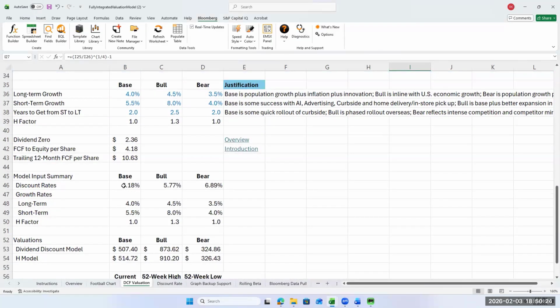But you just got to plug in your growth rates here. So long-term growth rates and your short-term, since they're saying 8%, I might plug those in. I don't really know what numbers. You're going to think about the growth rates. So there's a few things to think about here on this page.